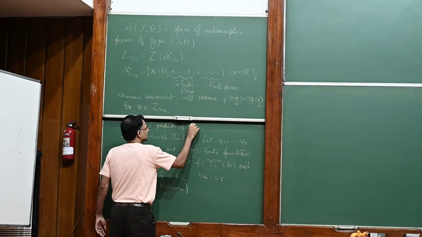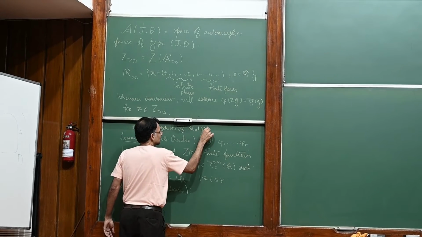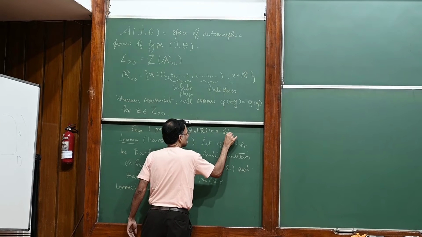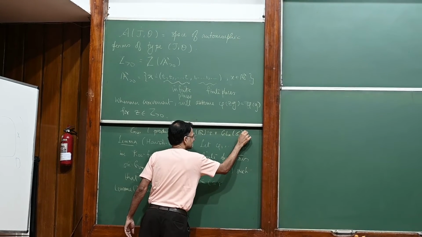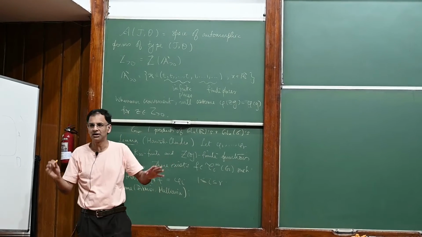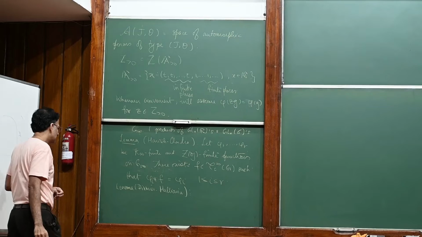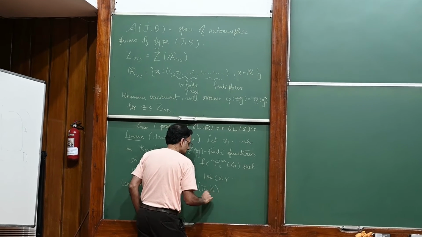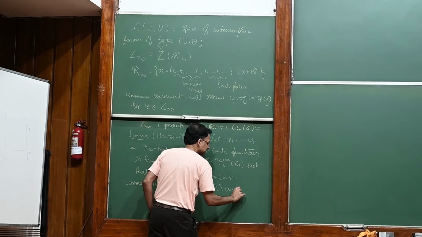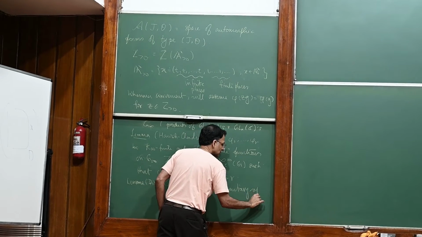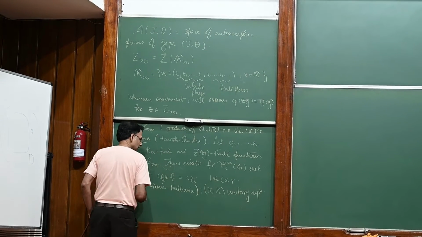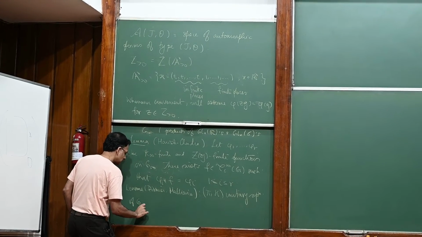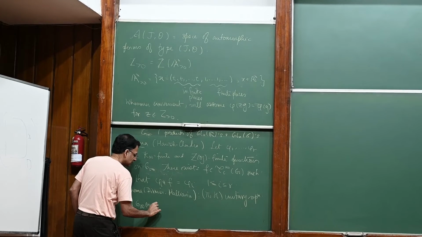This is not an adelic statement right now, this is entirely an Archimedean statement. So suppose I have a unitary representation pi, H, of G infinity on a Hilbert space.